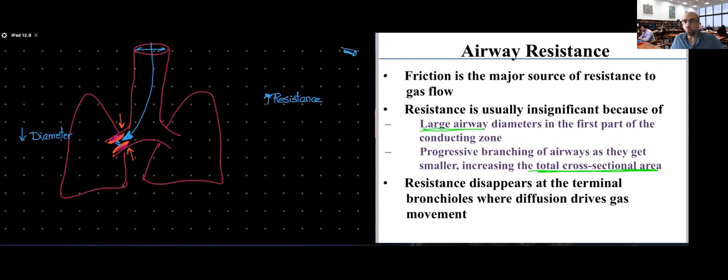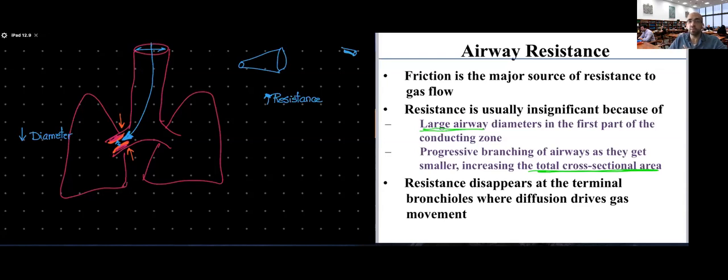But normally, why are we not facing a high resistance of the airways? It's not an issue for us normally, because simply the diameter of those airways that you're going to be passing through is very large. So you're going to be passing from a small diameter to a larger diameter, because you're going to have a lot of bronchi and a lot of bronchioles that you're going to be traveling through.